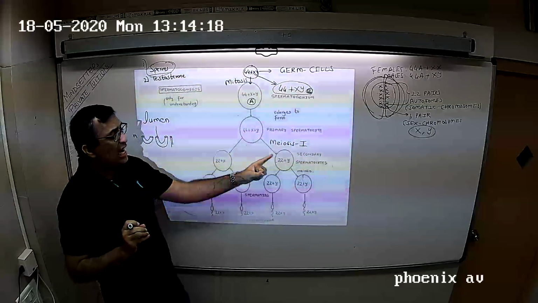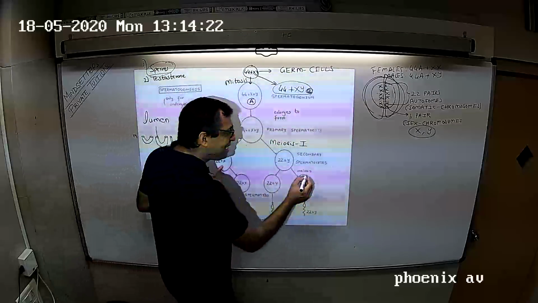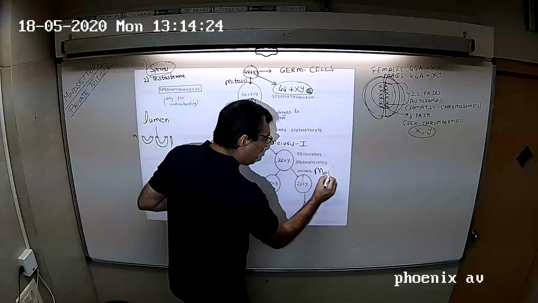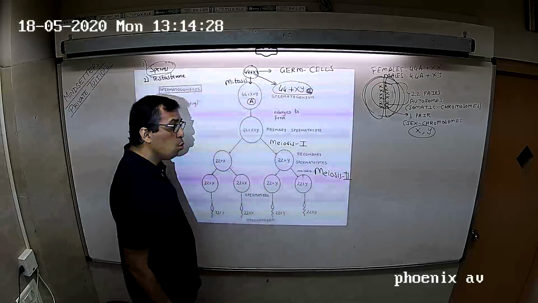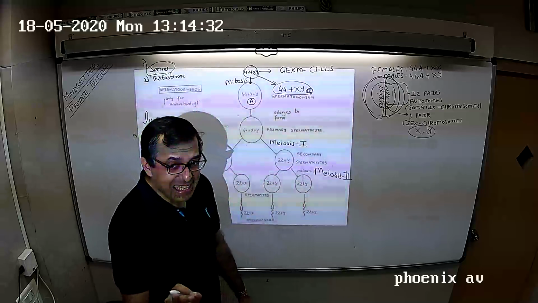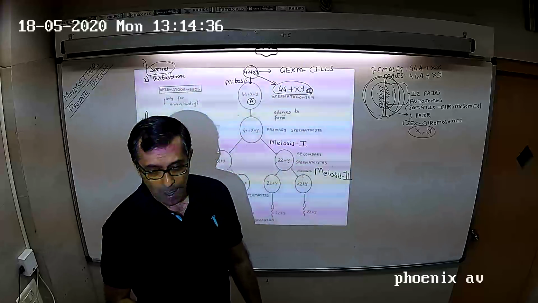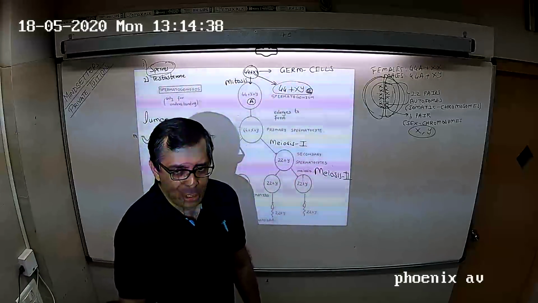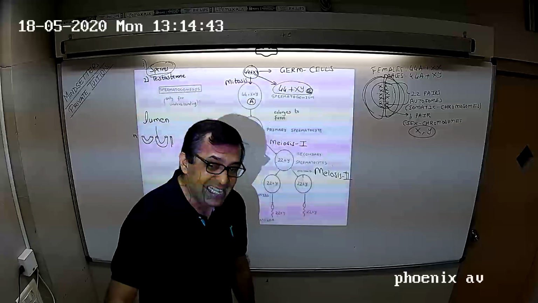And secondary spermatocytes now undergo the second cell division, which is called meiosis 2. Meiosis 2 is same as mitosis, so chromosome number will remain the same.